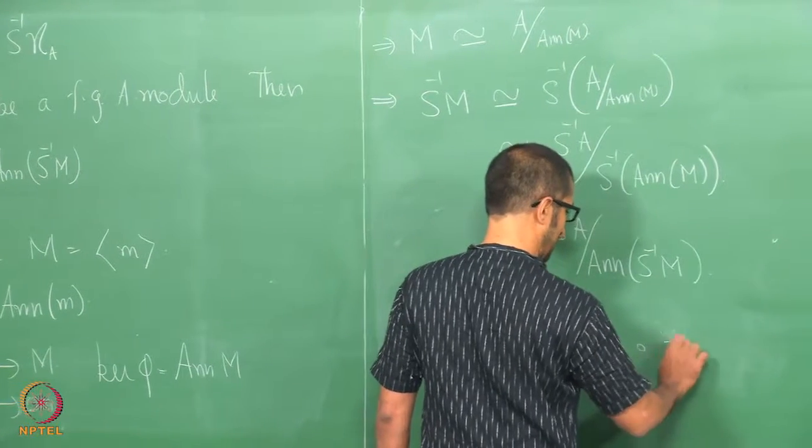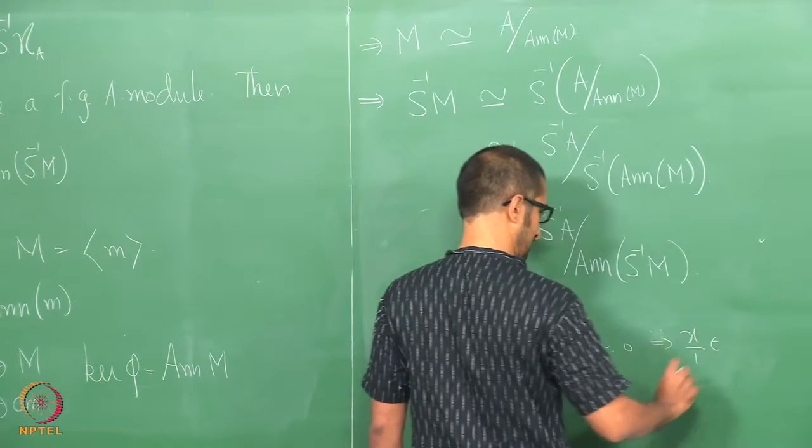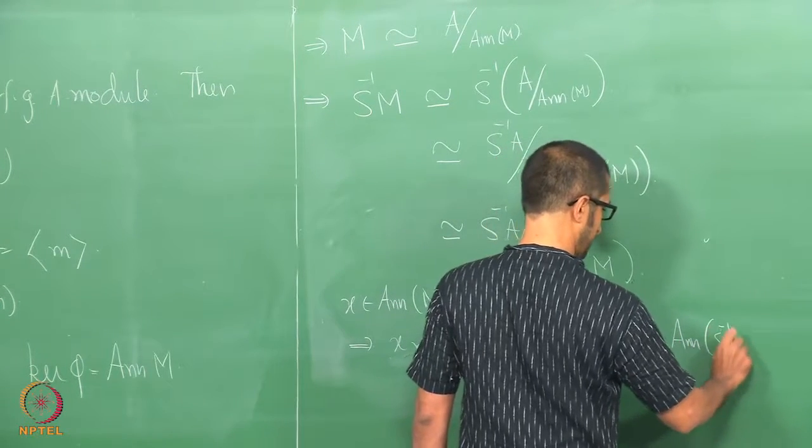That would imply that x by 1 is an annihilator of S inverse of m.